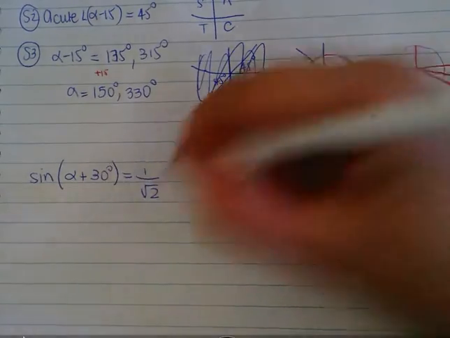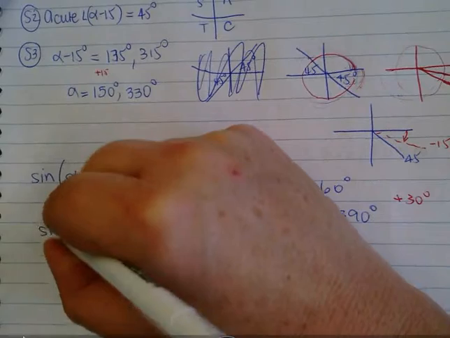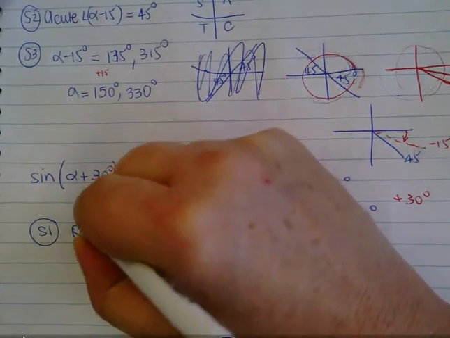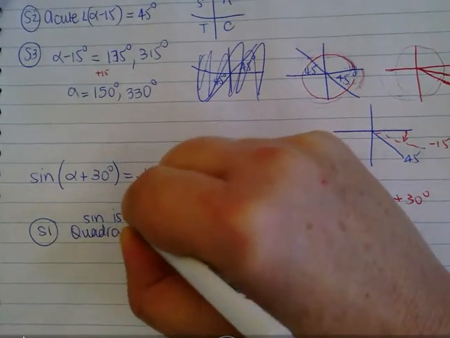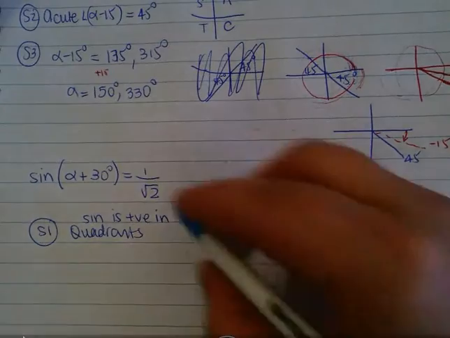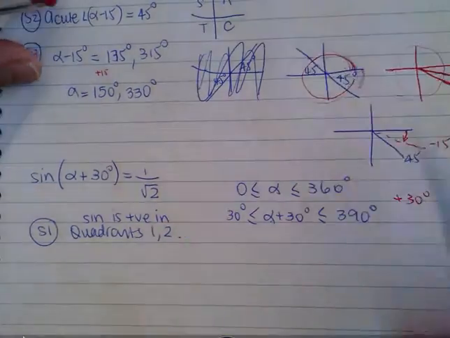So we still do everything the same. Sine of what? Is it positive or negative? All right, so step one, quadrants. Sorry, I should be saying sine is positive in quadrants 1 and 2. Good. I should have written that up there too.